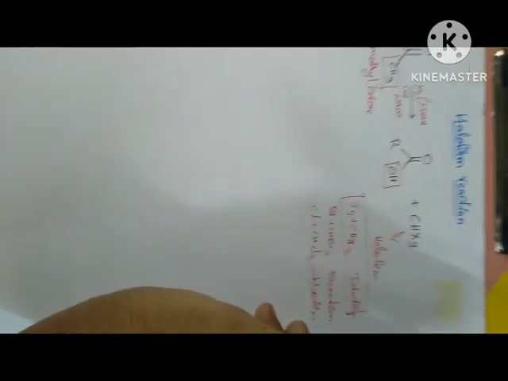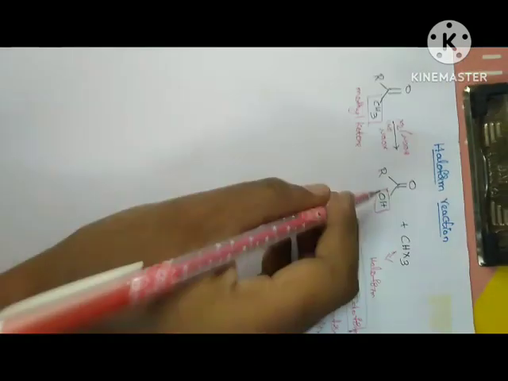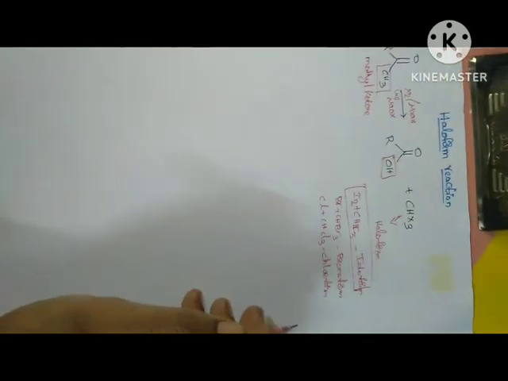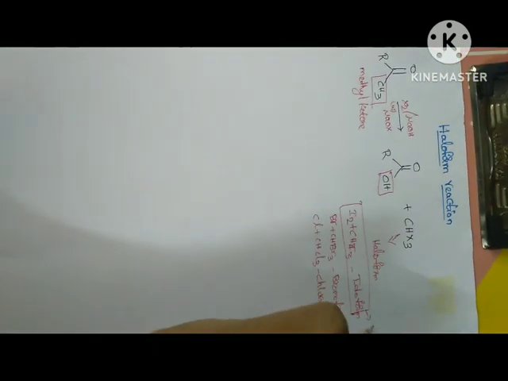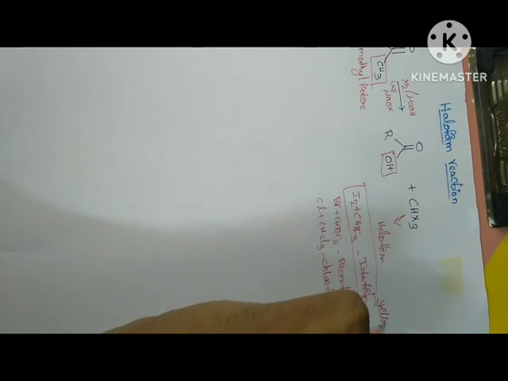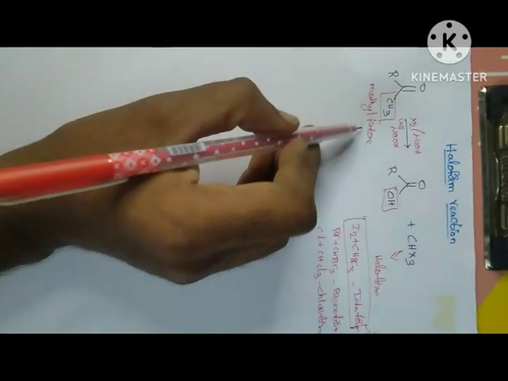In laboratories, we add some chemicals, and the product is a yellow color precipitate. It confirms that the methyl ketone is present in this group.